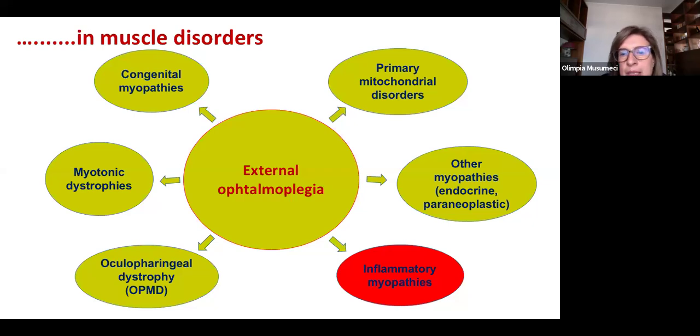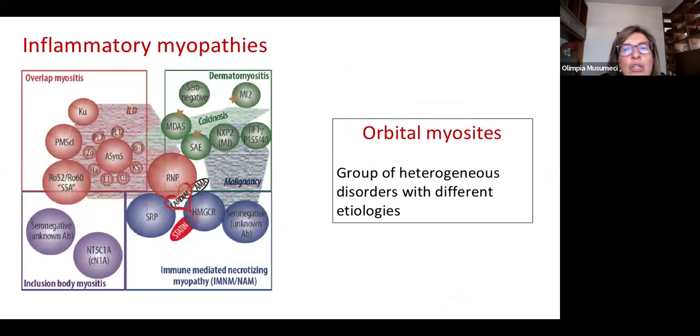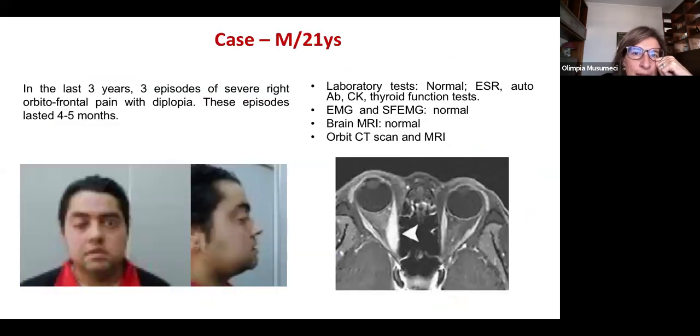Among these, we can mention the inflammatory myopathies, a very heterogeneous group of conditions, and I will share with you a case of a patient with 3 episodes of severe pain with diplopia and unilateral ptosis.